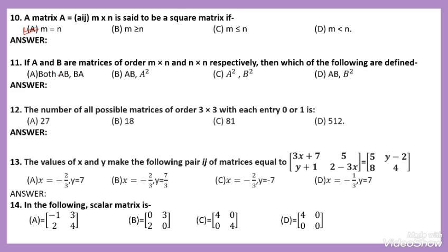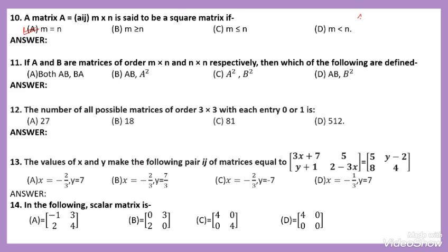If A and B are matrices of order M cross N. Okay, here A and B are matrices of order M cross N and N cross N respectively. Then which of the following are defined? Here first I will check all the values.